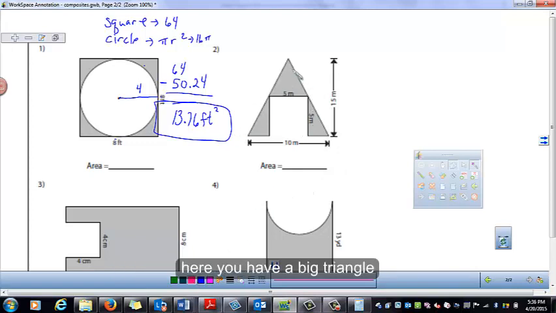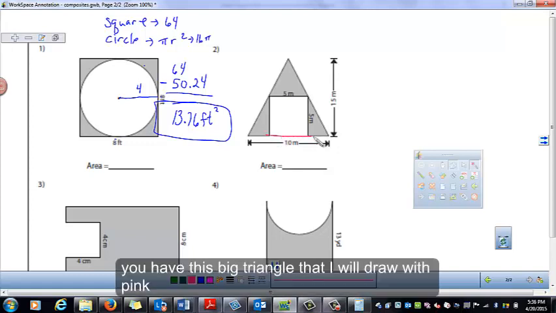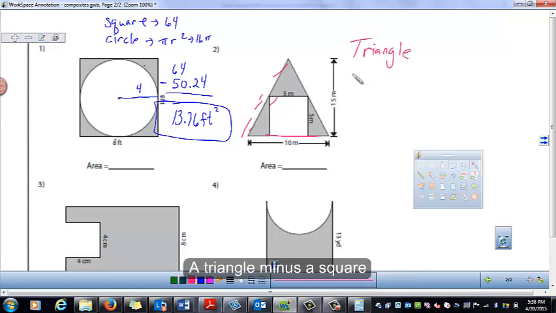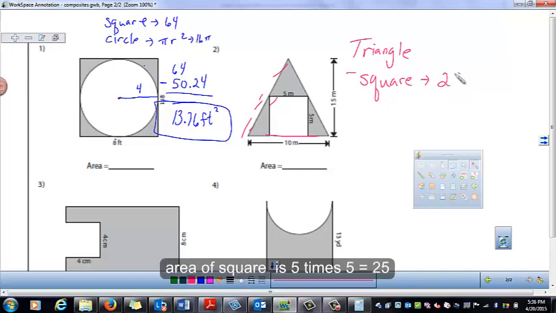Here you have a big triangle, which I'm going to draw in pink, and you have to subtract out a square. So it's going to be a triangle minus a square. The area of my square is 5 times 5, 25.